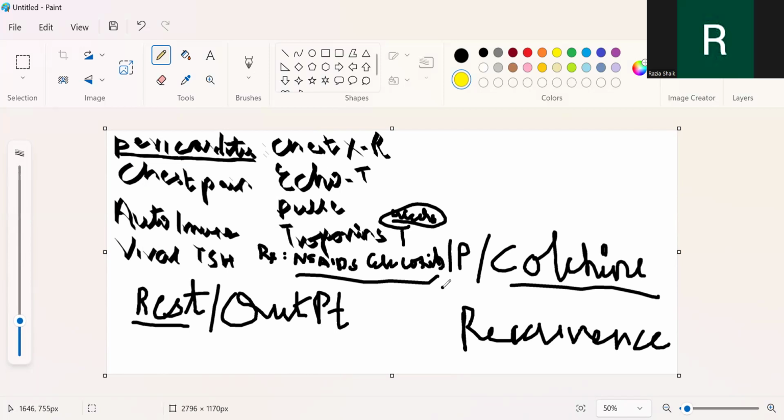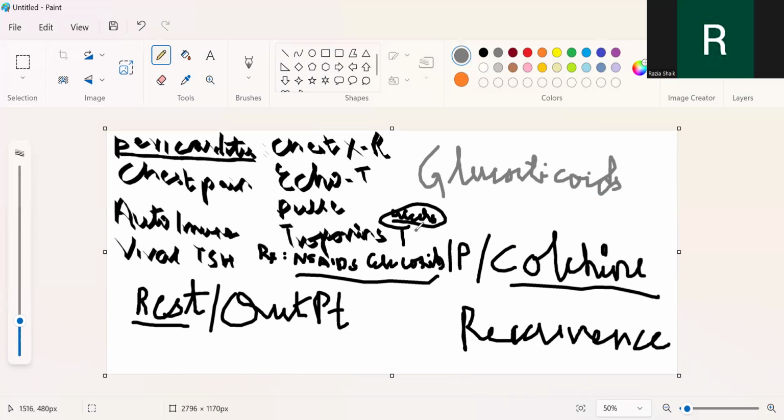If the trial of NSAIDs has failed, then what is the other drug that you might want to remember? It is glucocorticoids.